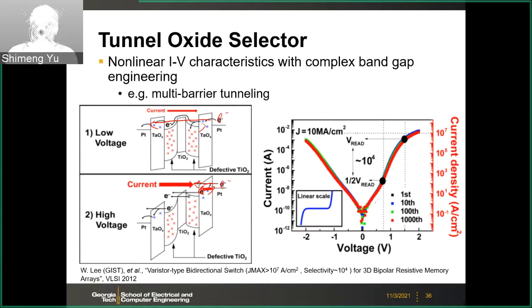So here on the right-hand side, we show one I-V characteristic of this bidirectional exponential I-V based selector. You see here, if this is your V, this is your half V, then you get a nonlinearity ratio of about 10 to the power 4 in this case.